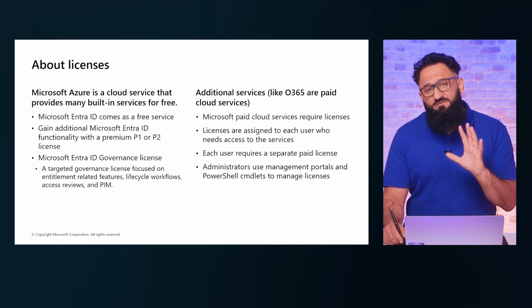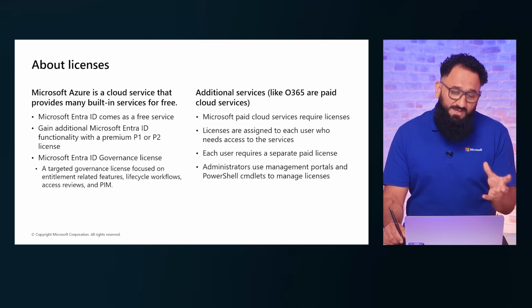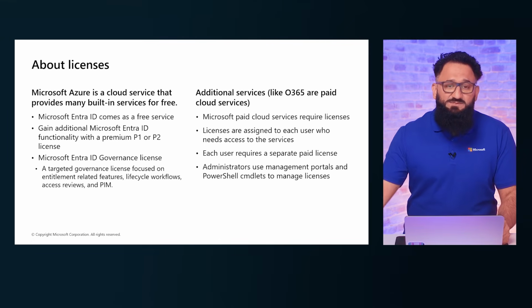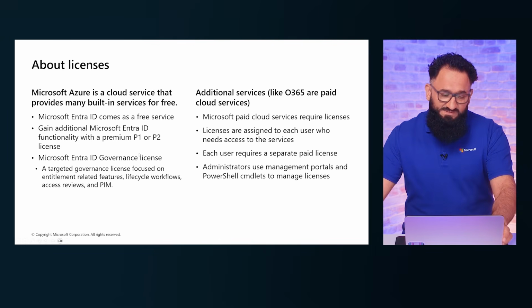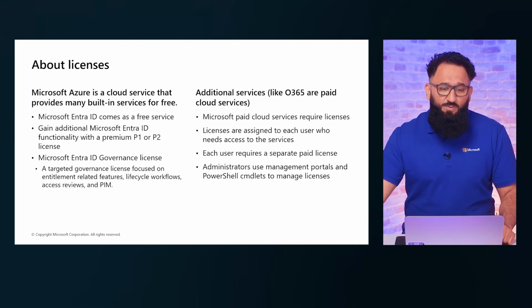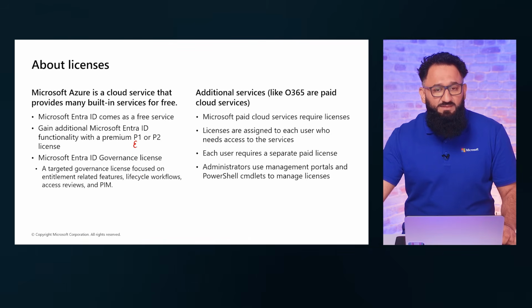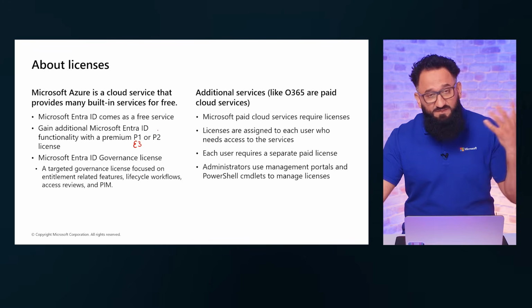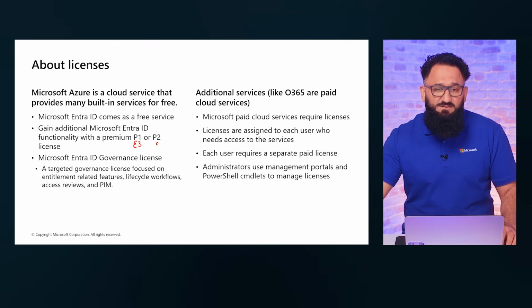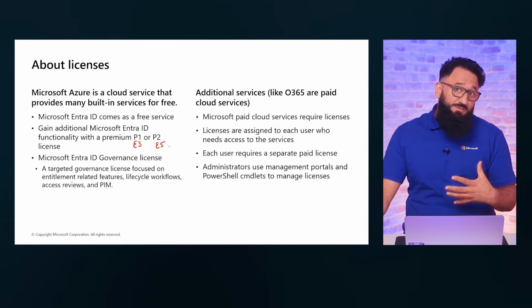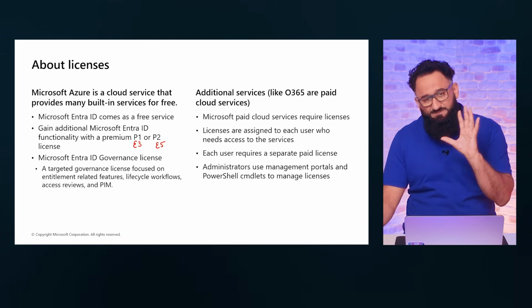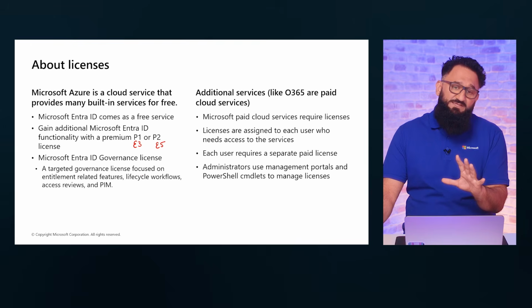Now, if that's the case, you might be looking at licenses that are, for instance, in comparison to P1 and P2 that we spoke about. We are looking at licenses like E3 that covers everything within P1, and licenses like E5 that have everything that P2 offers for you as part of your M365 version of licensing.